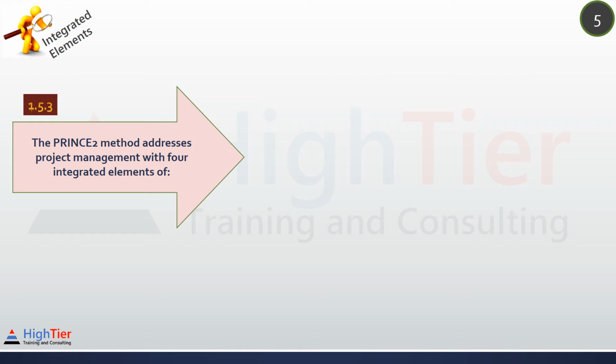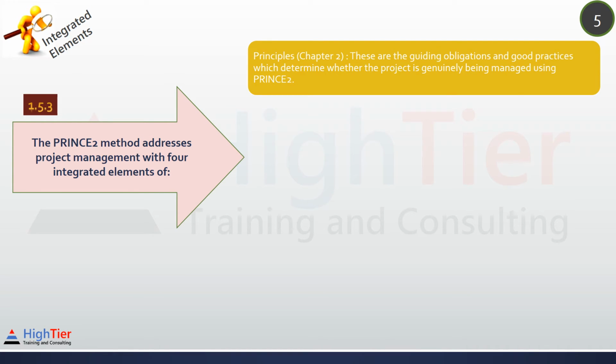The PRINCE2 method addresses project management with 4 integrated elements of principles, themes, processes, and tailoring. Principles. Chapter 2. These are the guiding obligations and good practices which determine whether the project is genuinely being managed using PRINCE2. There are 7 principles, and unless all of them are applied, it is not a PRINCE2 project.